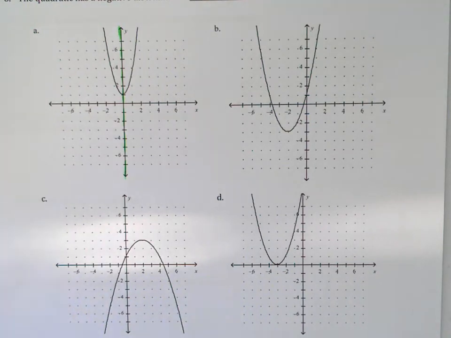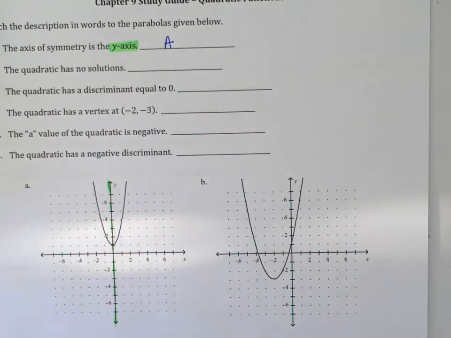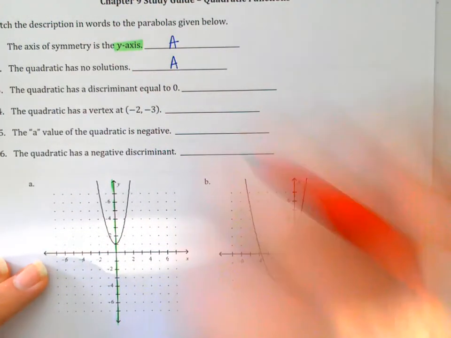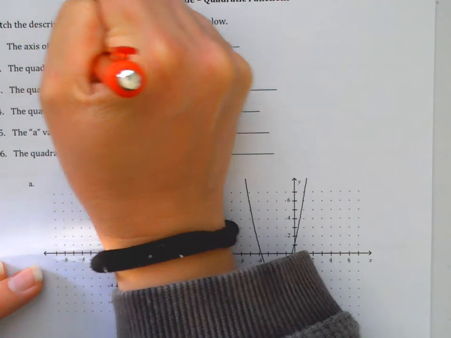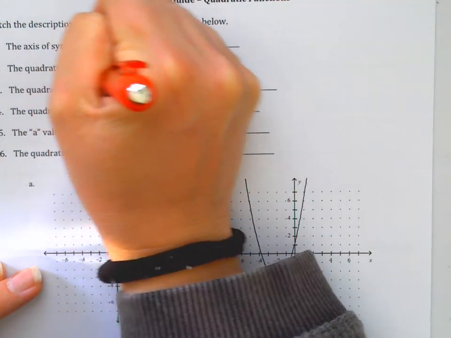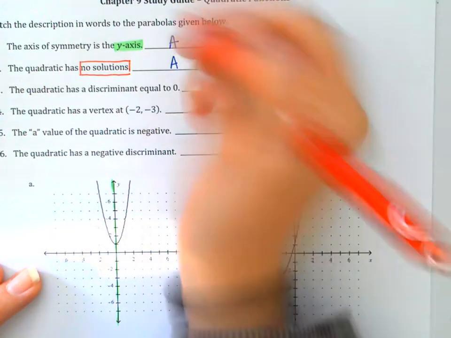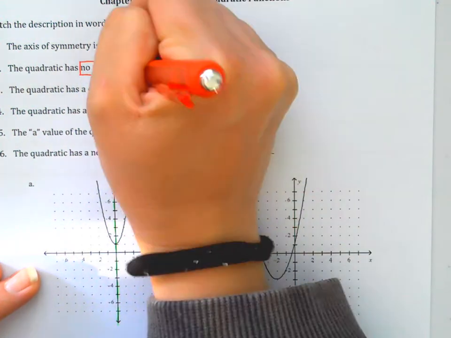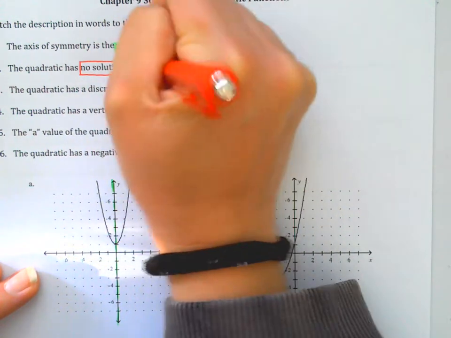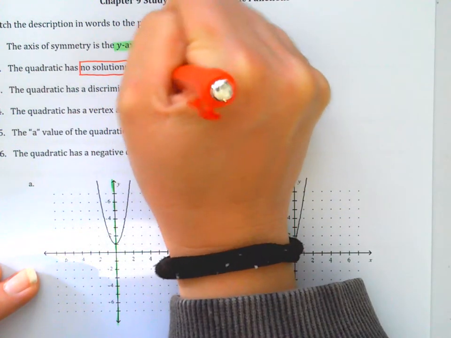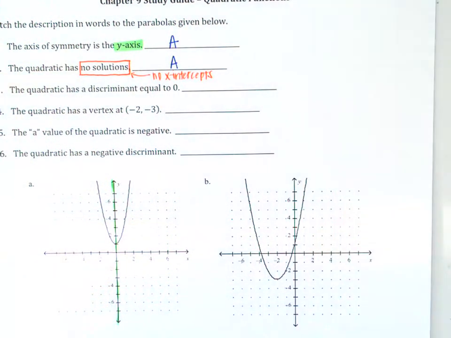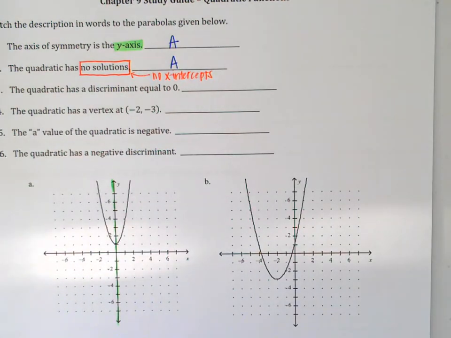And again, it's A. So remember, no solutions. All that's saying is there are no x-intercepts, so the graph will not touch the x-axis. Because remember, solutions, x-intercepts, all of those are synonyms.